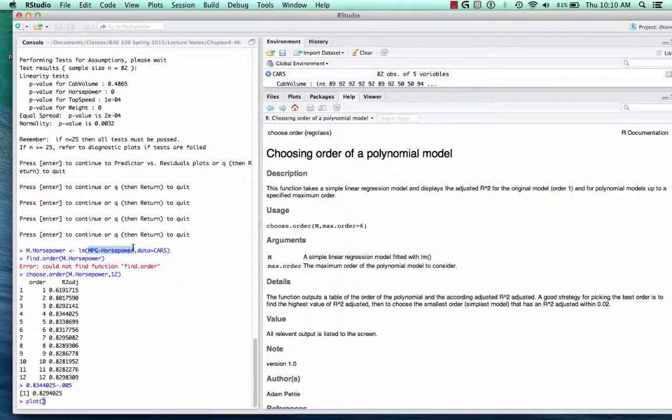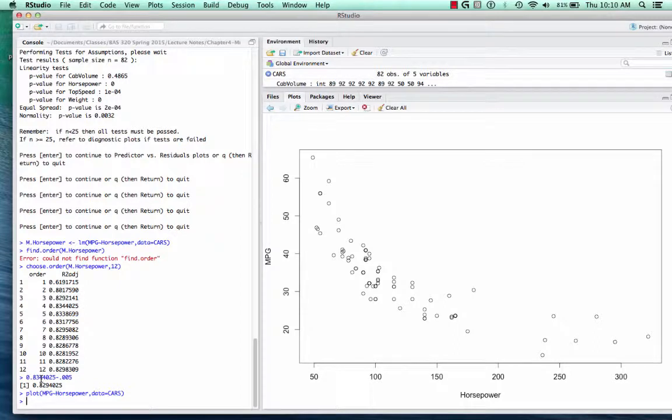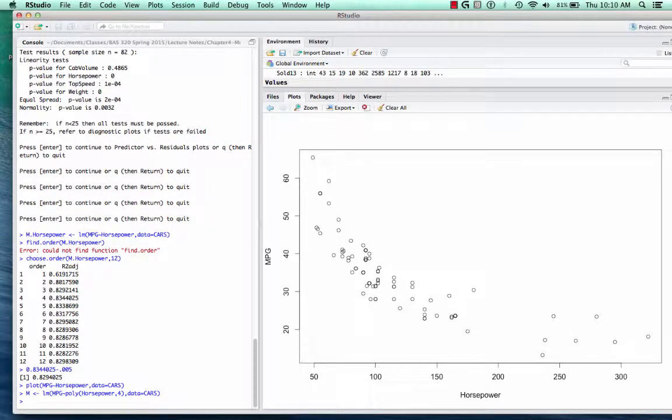Let's plot the relationship between fuel efficiency and horsepower. The way that I'm going to fit this model, and we'll learn more about this later on, is I'm just going to say poly, which makes it a polynomial model, poly(horsepower, 4). And I'm going to add the fitted values so I can observe this curve.